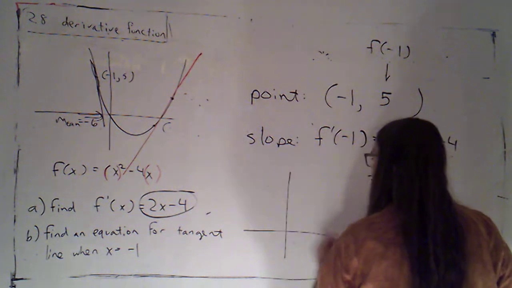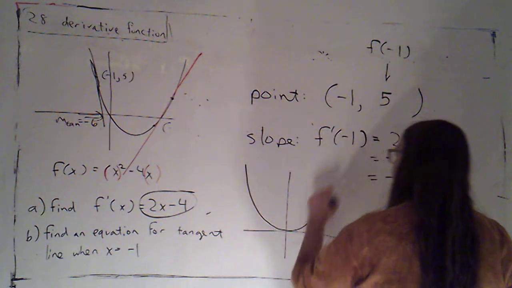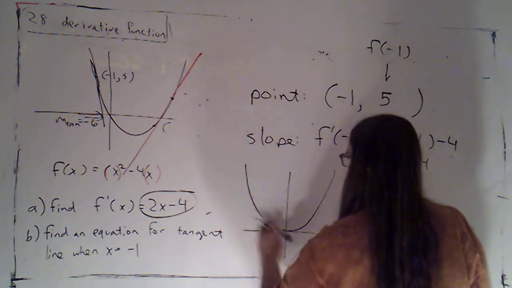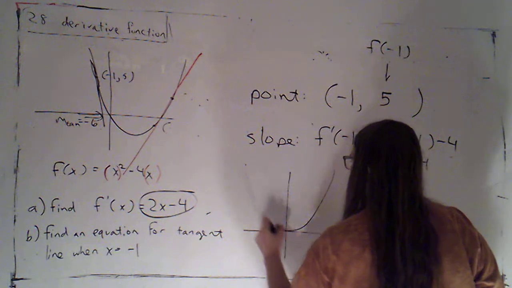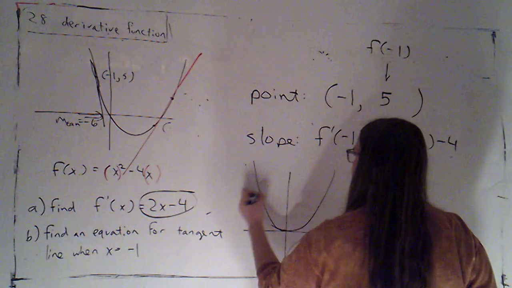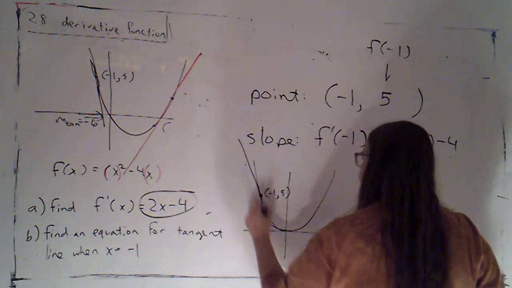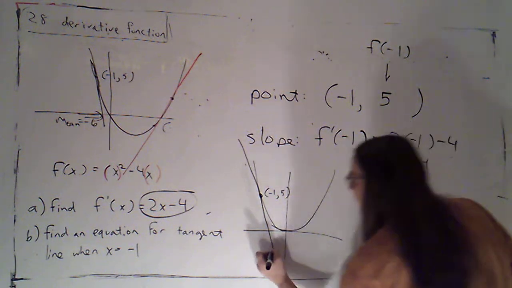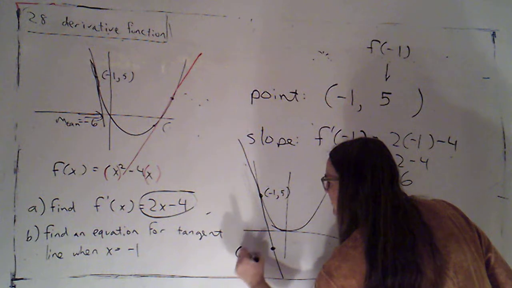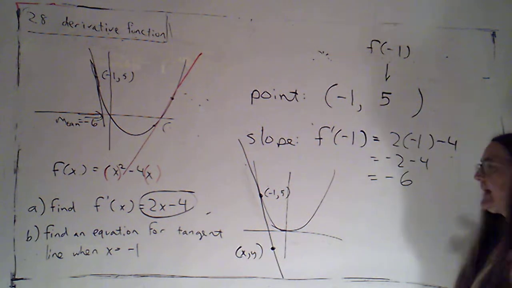I'm going to just redraw my picture. So we had this point, negative 1, 5. We're finding the equation for this tangent line. And remember, what we're doing then is we're just describing an arbitrary point on that line.